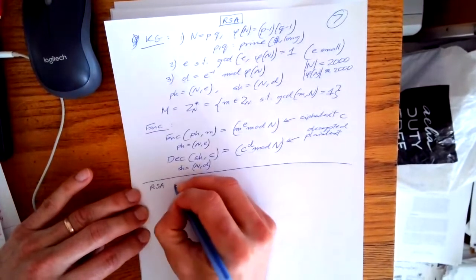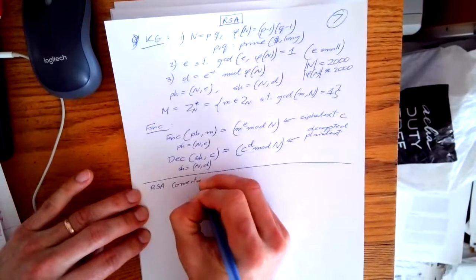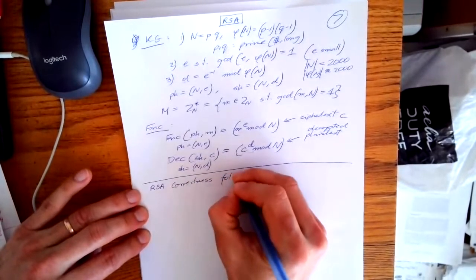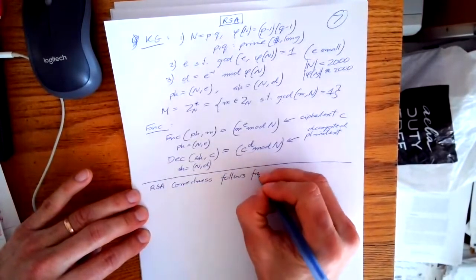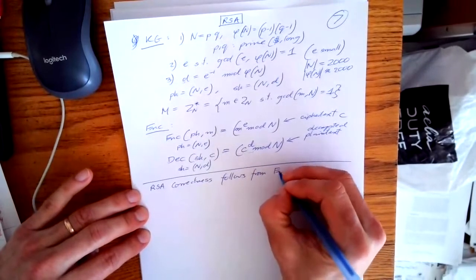RSA correctness follows from a general theorem that is called Euler's theorem.